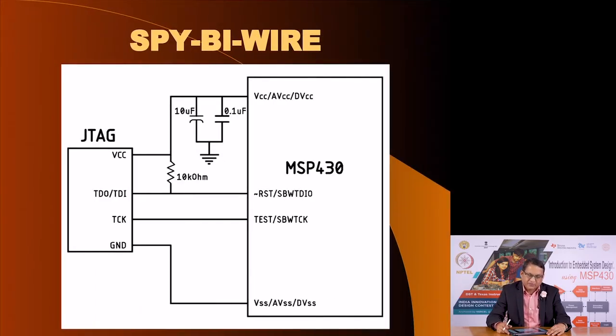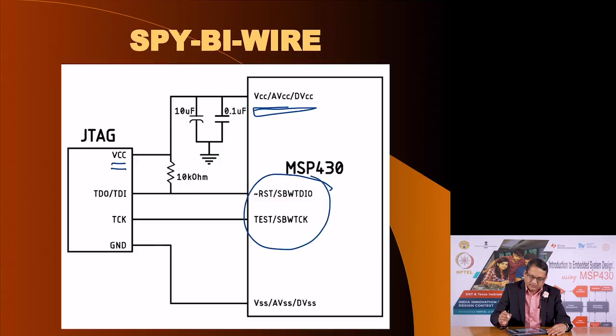This is what the SPI by wire protocol looks like. You have to connect the supply voltage here, as you see, to available voltages, and usually they may be available from the JTAG interface here. Then you have to connect the reset and test pins of your microcontroller to the relevant pins of the JTAG interface from the SPI by wire capable output, and of course connect the ground here.